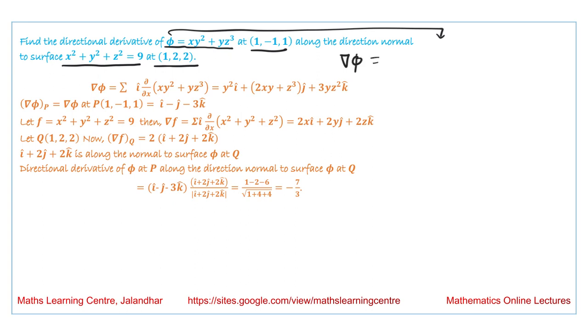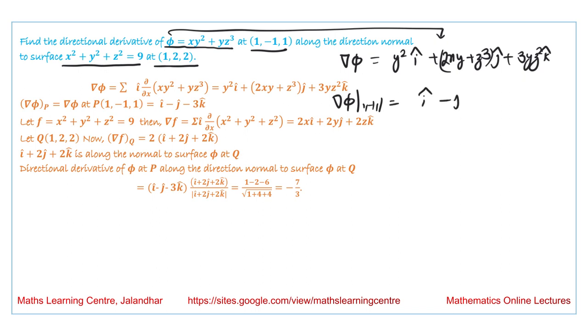The answer we get is y square i cap plus (2xy plus z cube) times j cap, and lastly plus 3yz square times k cap. If we calculate the gradient at the point (1, minus 1, 1), the answer we obtain is i cap minus j cap minus 3 times k cap.